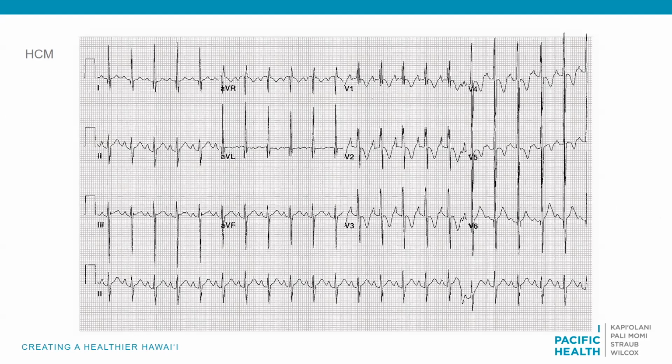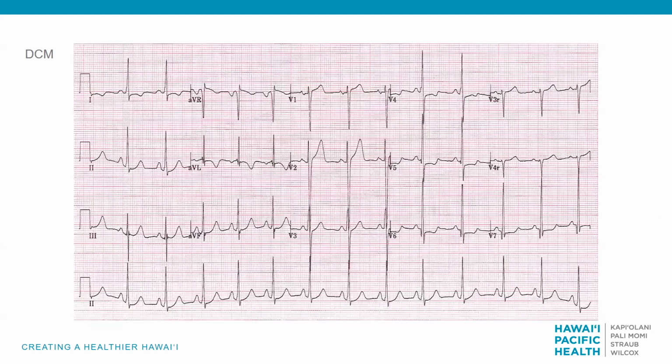This is a patient with significant ventricular voltages, big R waves in V4, V5, V6. And this can be because of hypertrophic cardiomyopathy, sometimes because of dilated cardiomyopathy. Here is another EKG example of dilated cardiomyopathy. Again, please look at V4, V5, and V6, and you can see that the T waves are negative.